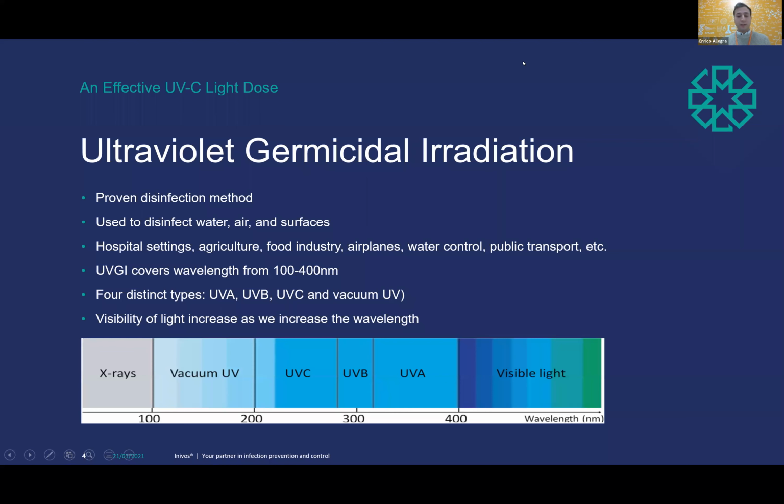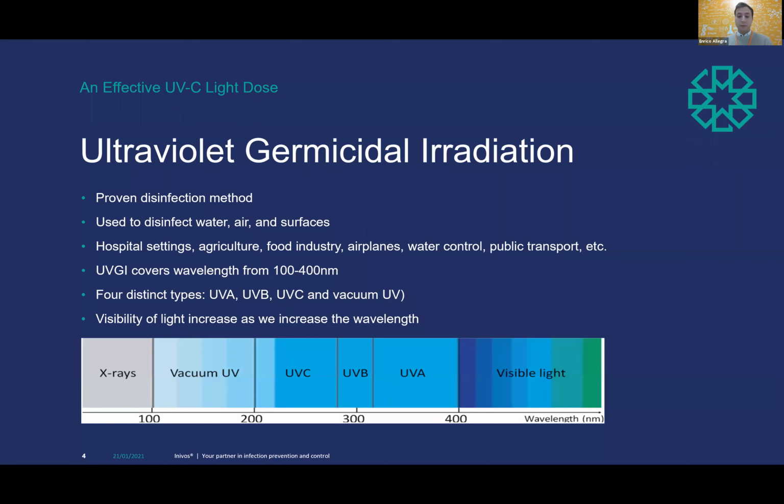So we'd like to very briefly introduce the concept of UV light. Probably many of you are quite familiar with this slide in particular. UV has been a proven disinfection method for many, many years. It's been employed to disinfect water, air, and surfaces, which, as we know, are the main vectors of transmission of infectious diseases.